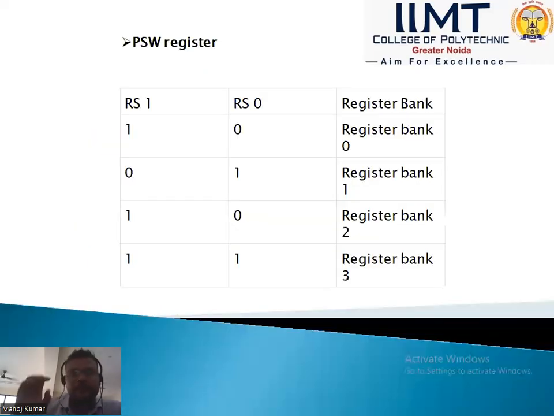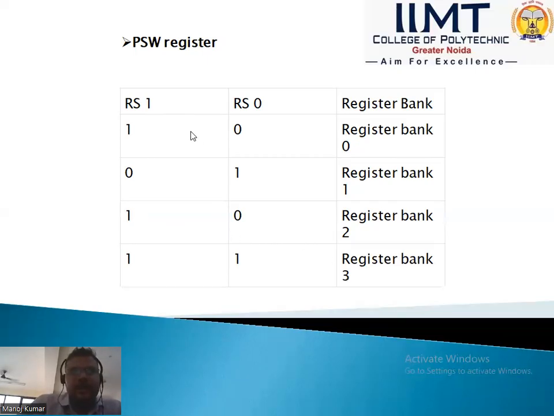In the PSW register, RS1 and RS0 select the register banks. The columns represent register bank 0, register bank 1, register bank 2, and register bank 3.